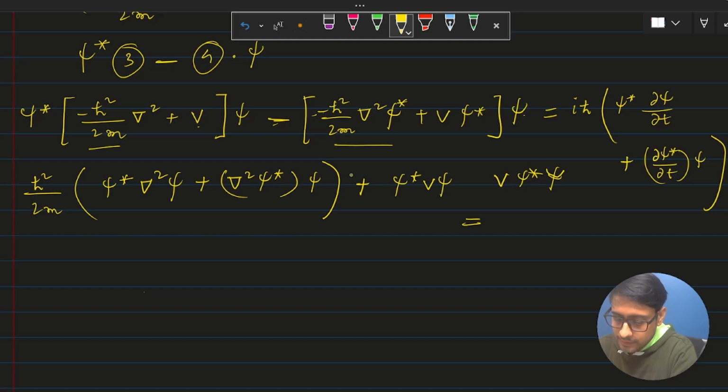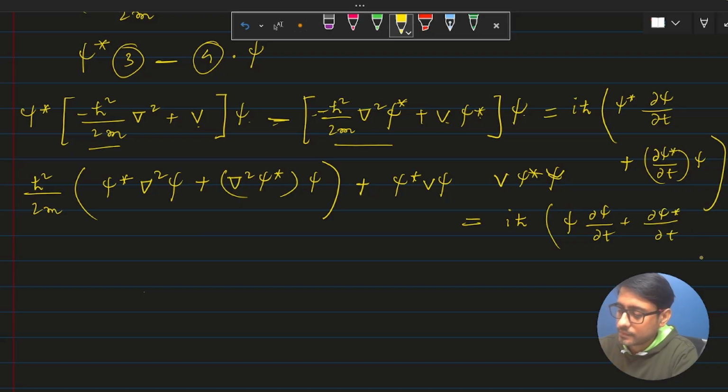So let's check. This is psi asterisk V psi, and then we subtracted this term, minus V psi asterisk psi, and then we have i h bar times psi del psi over del t plus del psi asterisk over del t psi.